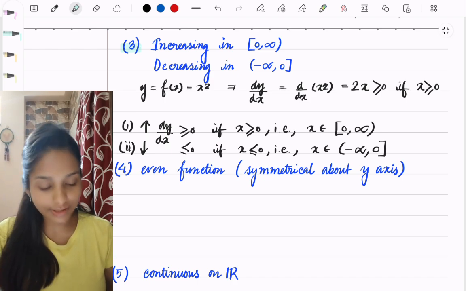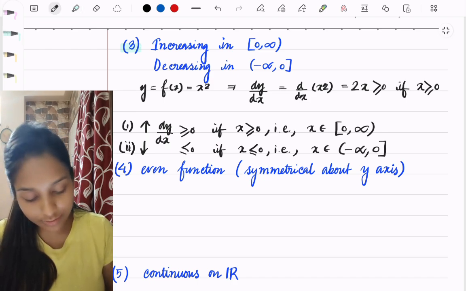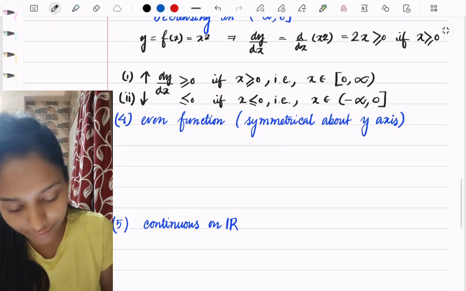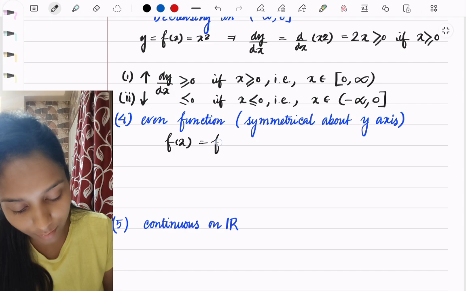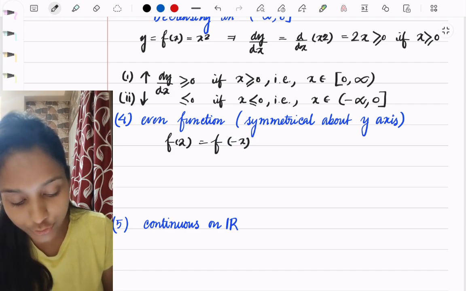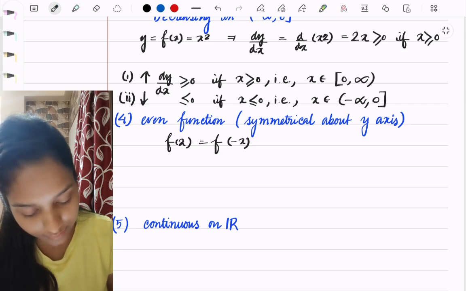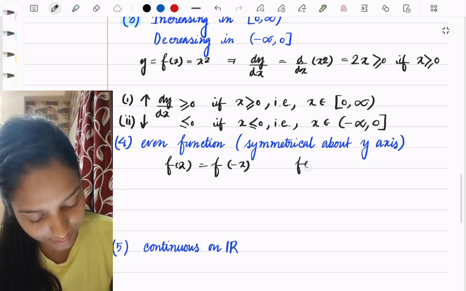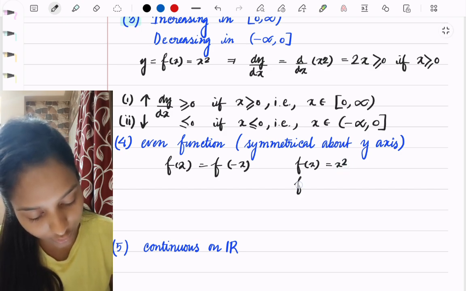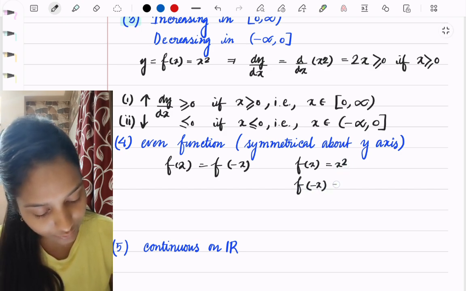Next is the function is an even function. So for an even function, we must have f(x) equals f(-x). So here the function is f(x) equals x square, and also if we put f(-x), it will be (-x) whole square.